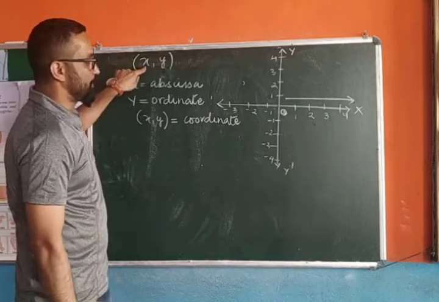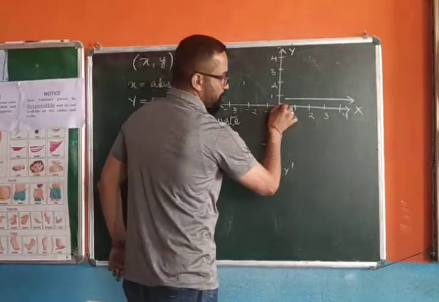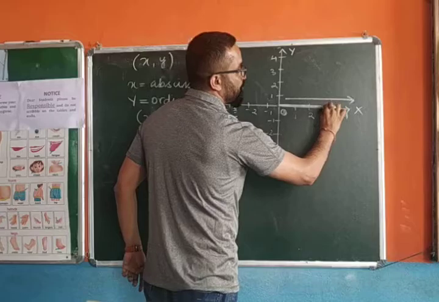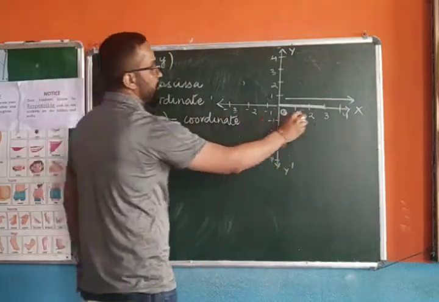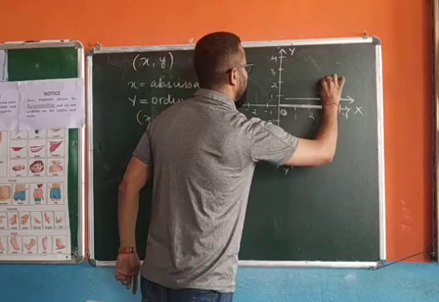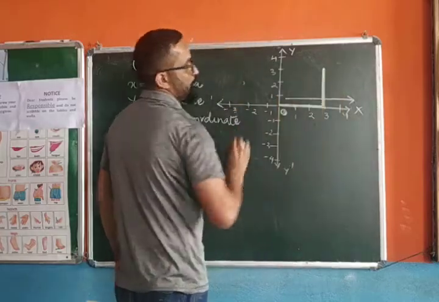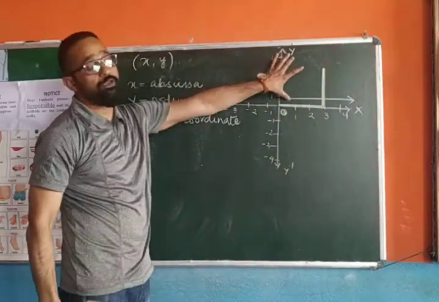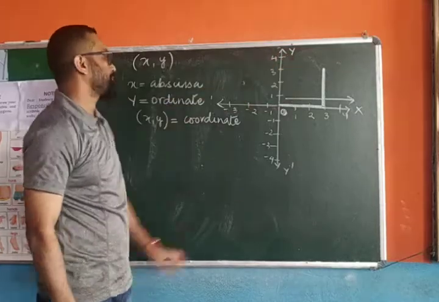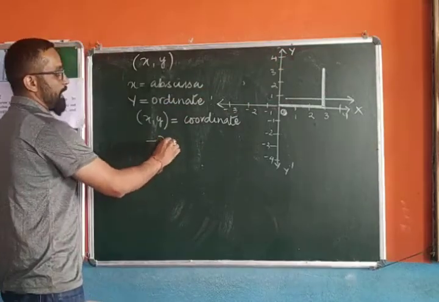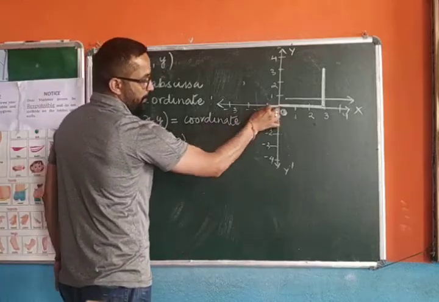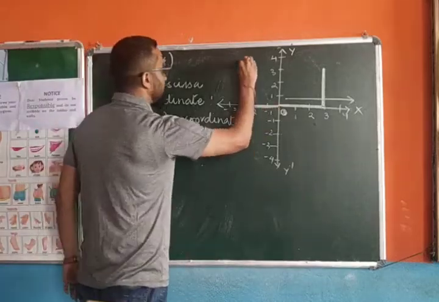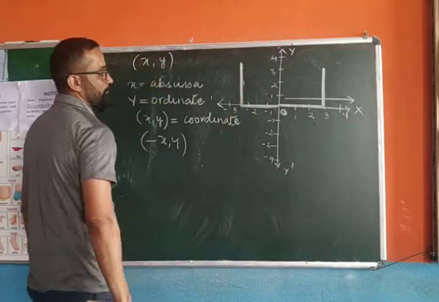So if the abscissa is positive, it is on the right side, and if the ordinate is positive, it is vertically up on the positive y-axis. If it is (minus x, y), it is on the negative x-axis side and positive y-axis side.